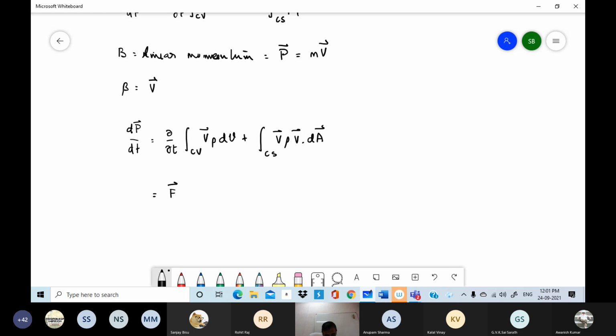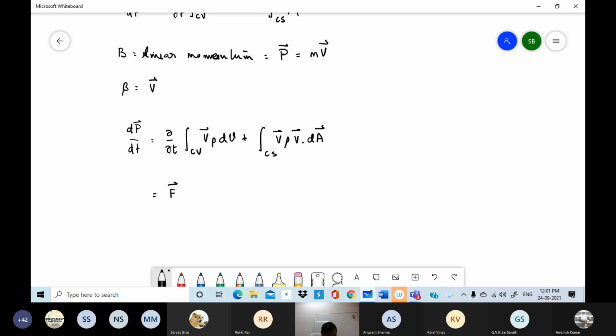These are called body forces. A common example of that would be the force of gravity. And I could have forces which are acting on the surface. A common example of that would be pressure.